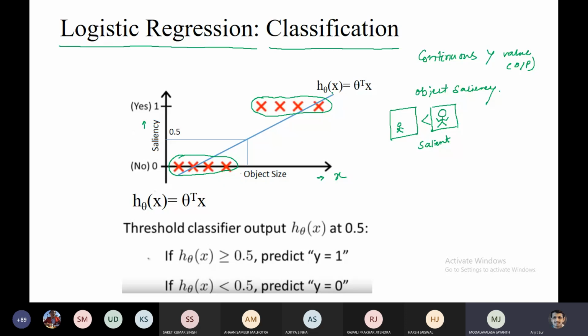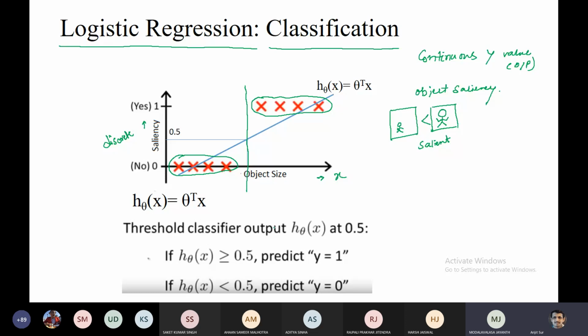At around 0.5 we can get a separator, and you can see the separator is separating these two groups. Even though the output is discrete in nature, the linear regression setting is fine. So the threshold output is 0.5.